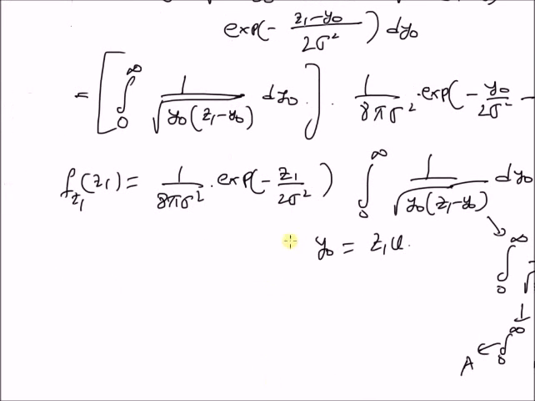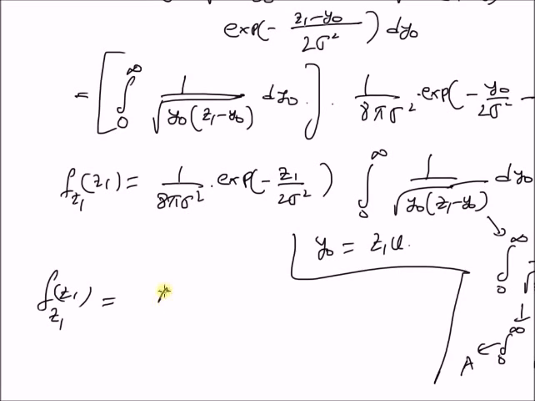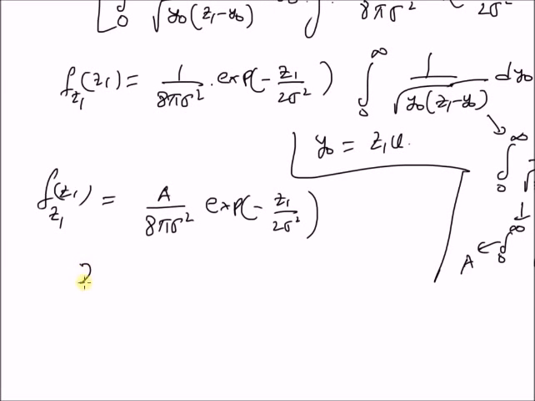So the probability density function f of z1 is equal to A upon 8 pi sigma square, exponential of minus z1 by 2 sigma square. And since z is equal to z1 upon 2, we can easily replace z1 with 2 times z.